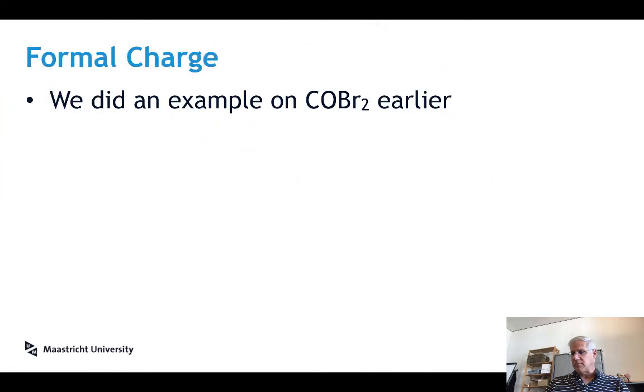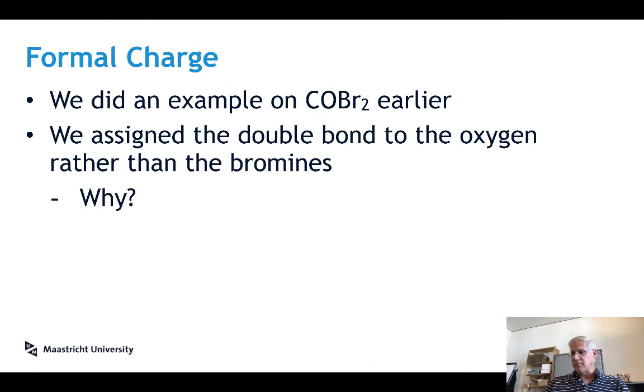Now, earlier on when we were doing dot structures, we did an example on COBr2, and during the dot structure, we assigned the double bond to the oxygen rather than to the bromines. We had enough electrons on the bromines to put a double bond there, but it turns out that the oxygen is better able to handle the double bond.